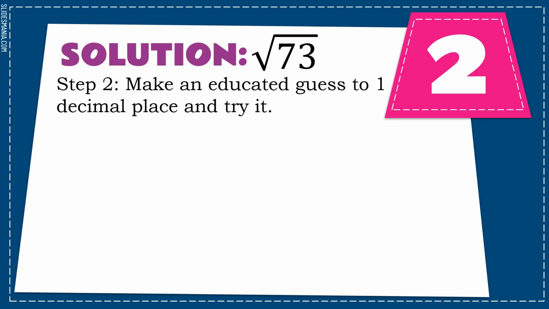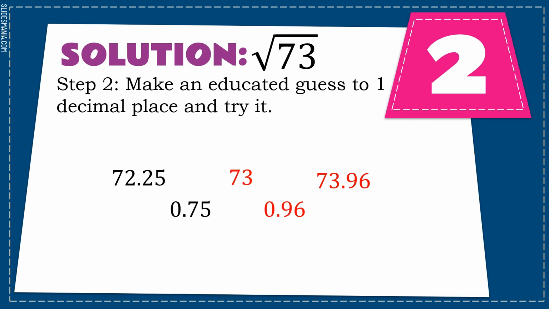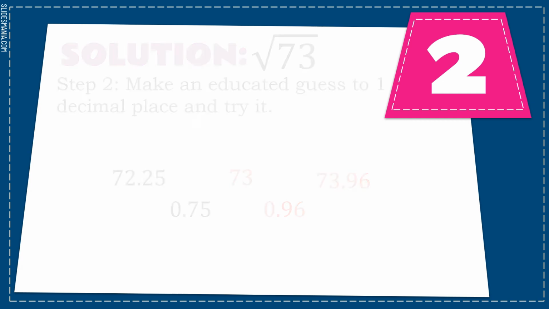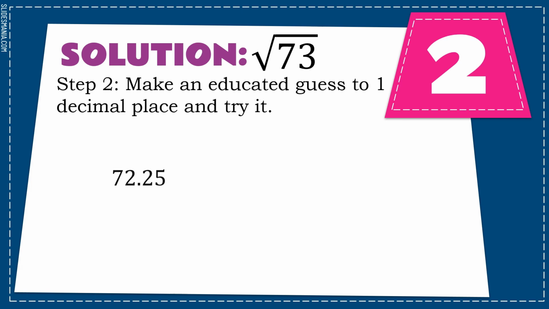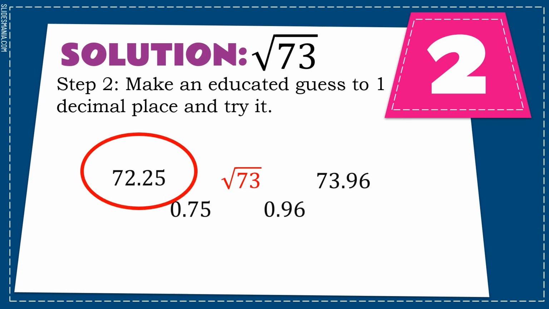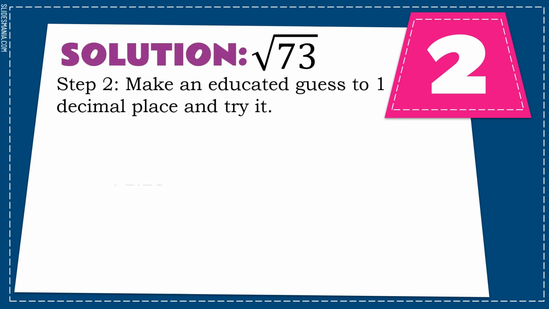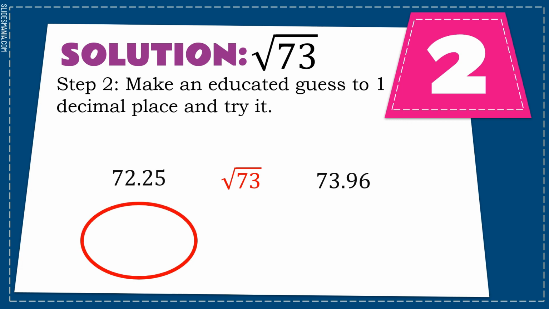Okay, 73.96 minus 73 is 0.96. It is very clear that 73 is nearer to 72.25. Thus, the square root of 73 is closer to the square root of 72.25. We all know that the square root of 72.25 is 8.5.